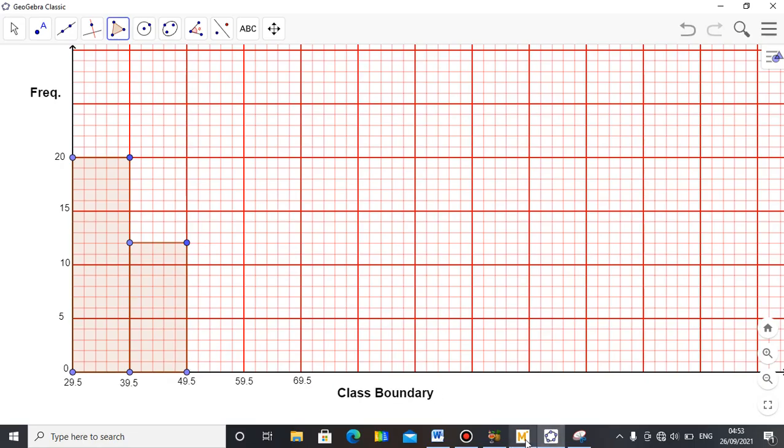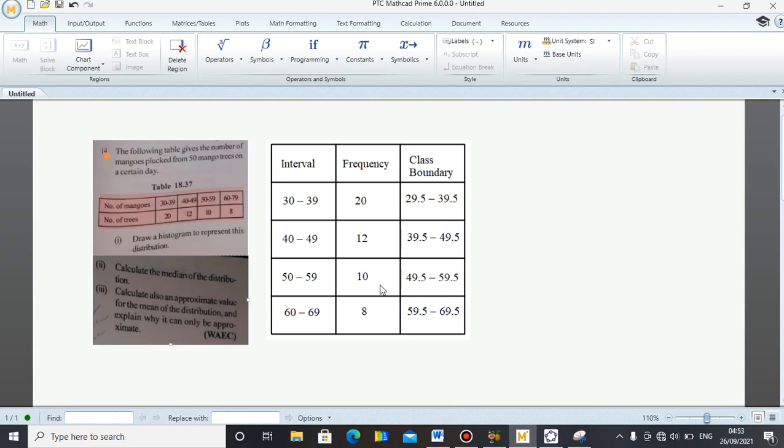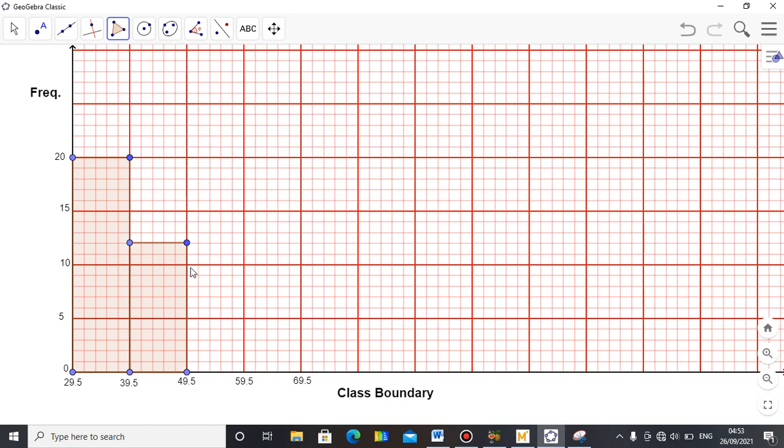Then the next bar is 10. It moves from 49.5 to 59.5. Then from 10 you get it to 59.5. You come down here, and you move to this place, you move up. So that is that.